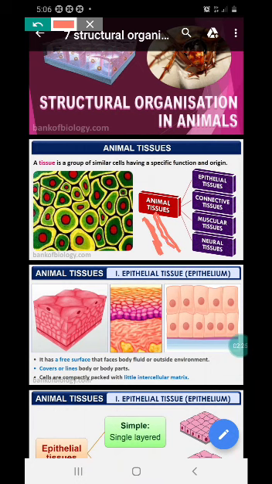These epithelial cells will be facing the internal cavity, the body fluid or the cavity inside. That's what the sentence means: it has a free surface that faces the body fluid or outside environment. As you know, they form the lining tissue. The cells are very tightly packed with no, or very little, intercellular space.